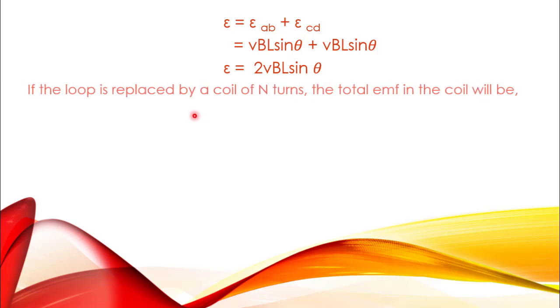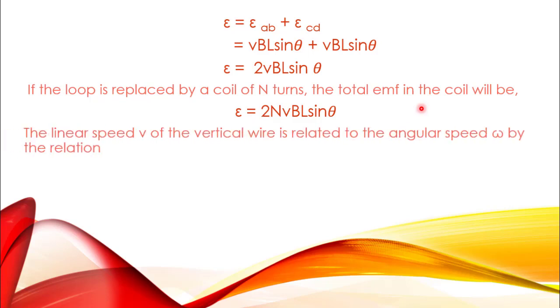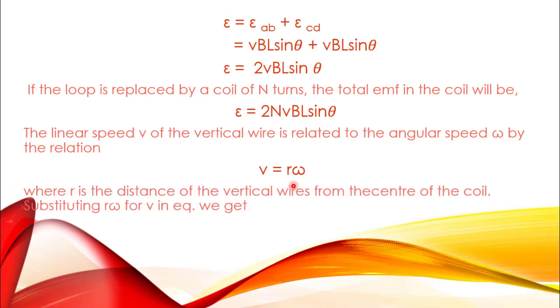If the loop is replaced by a coil having n turns, then the total EMF in this coil would be 2n vBL sin theta. The linear speed v of the vertical wire is related to the angular speed omega by the equation v is equal to r omega, where r is the distance of the vertical wires from the center of the coil.